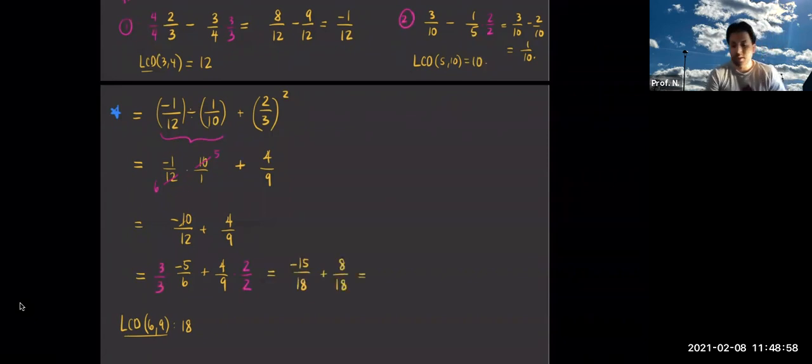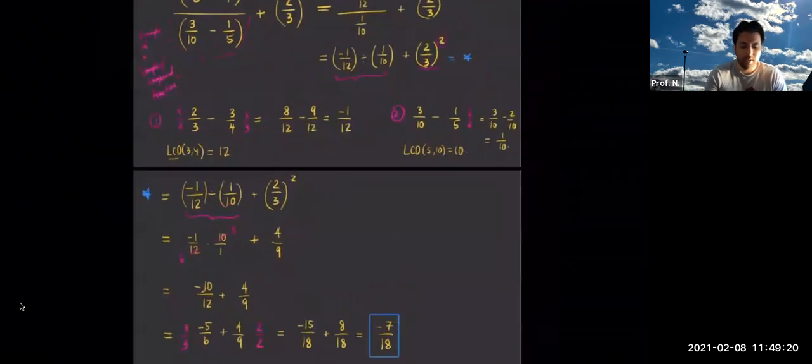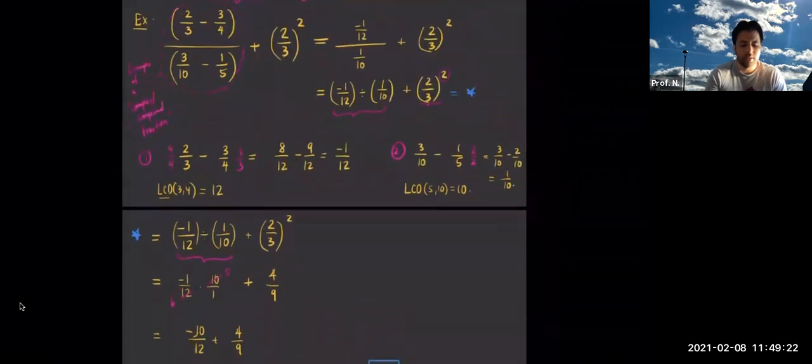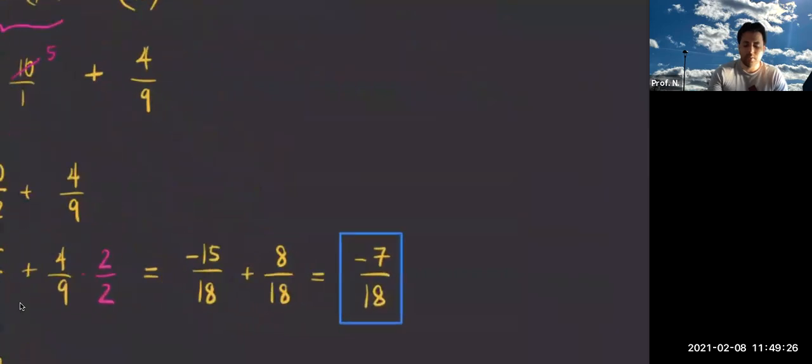And this results in negative 15 plus 8 becomes negative 7/18. Right? So our huge fraction that we had originally really just simplified to one single fraction, negative 7/18.